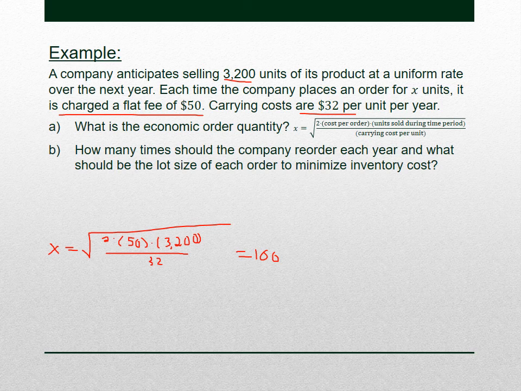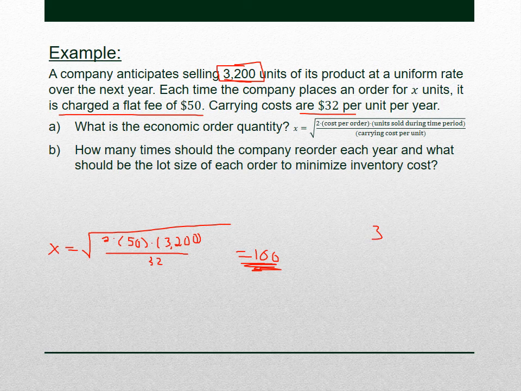Well, I got that it is the square root of 10,000, which is 100. So when you order 100 things per order, that's your lot size. That's going to minimize your cost. That is your economic order quantity. So that's just plugging things in.